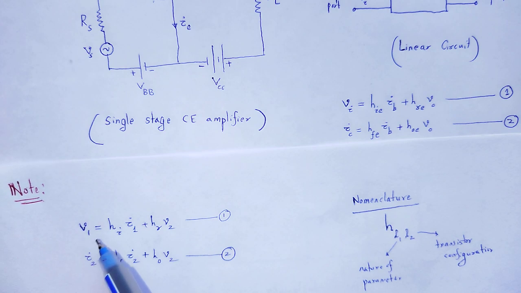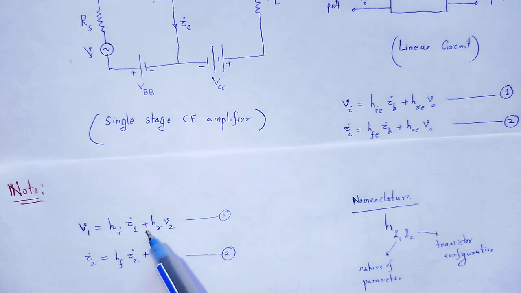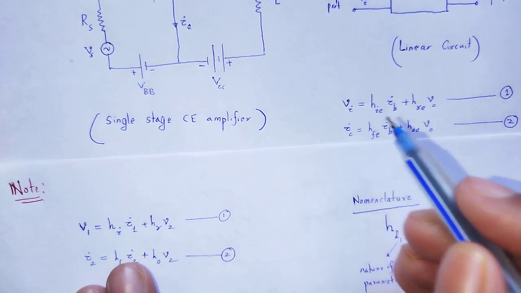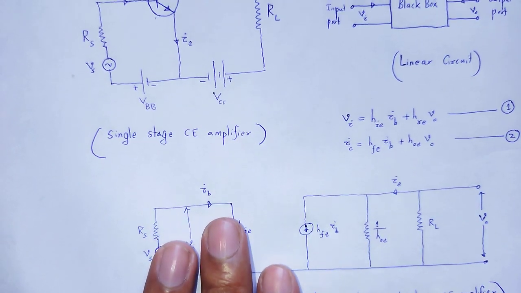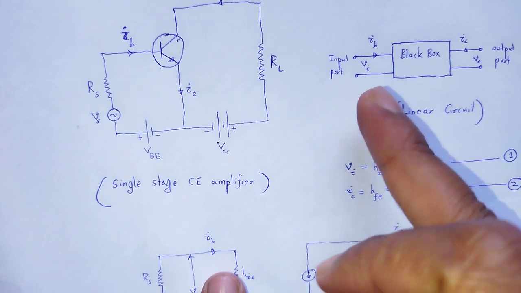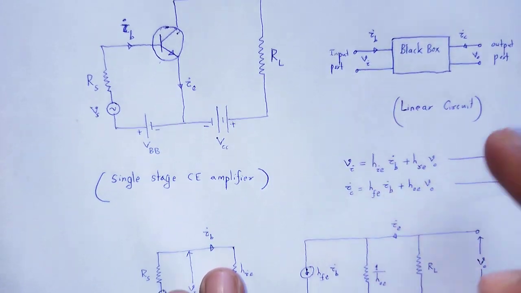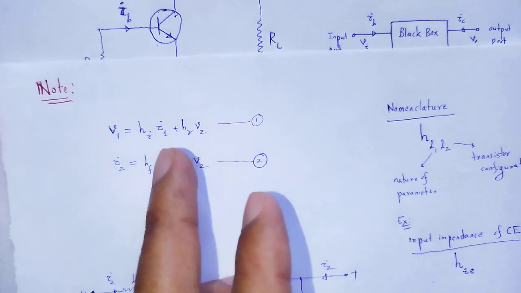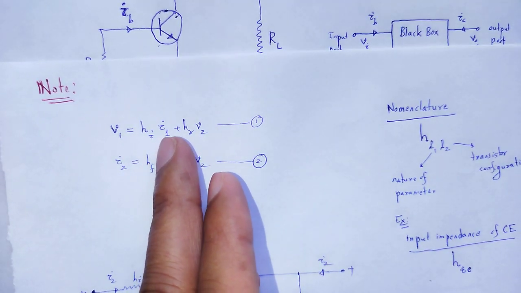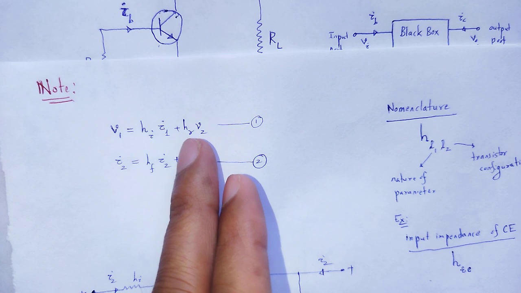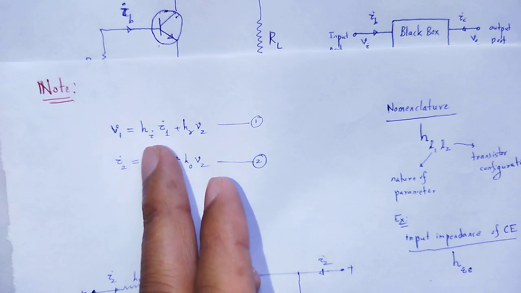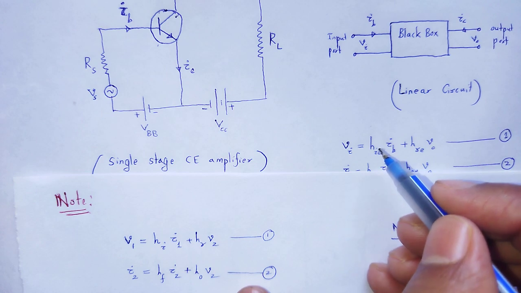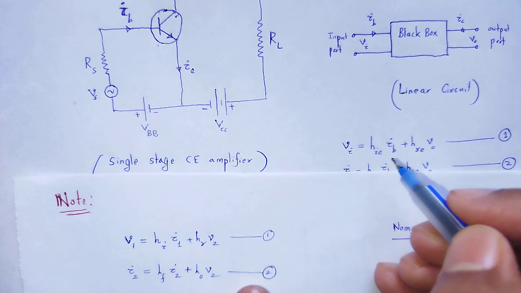Input voltage is HI I1 plus HR V2. Here for input voltage in that segment, input voltage is Vi. So, Vi is equal to HI into I1 plus HR V2. HI for common emitter mode of operation is HIE.